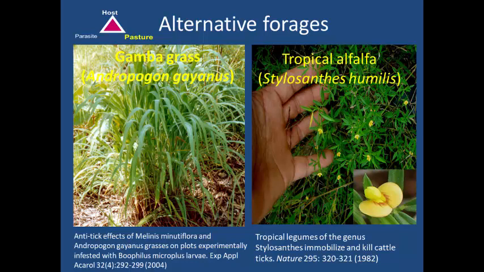One of these studies was published in Nature back in 1982. They evaluated the anti-tick properties of different species of the tropical alfalfa Stylosanthes, and they did so by infesting experimental plots with a known number of larvae, and then they dragged a flannel cloth to see how many of those ticks could be recovered from the top of the plants.